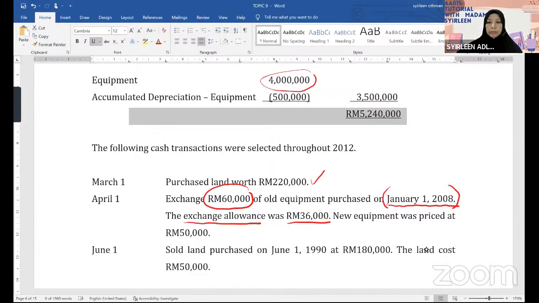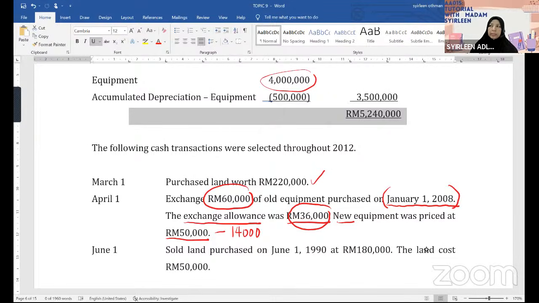Okay, so how much is my new equipment cost? Okay, so equipment yang baru harganya ialah 50,000. So trade-in value dia bagi ialah 36,000. So tak cukup nilai tu untuk cover the new asset. That means saya akan perlu tambah bayaran sebanyak 14,000 ringgit.